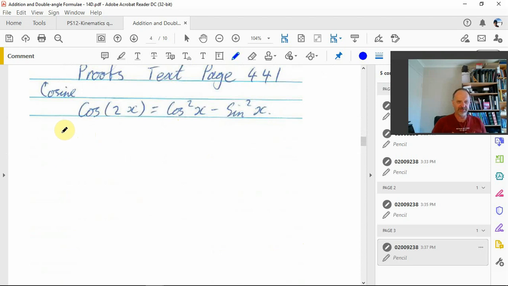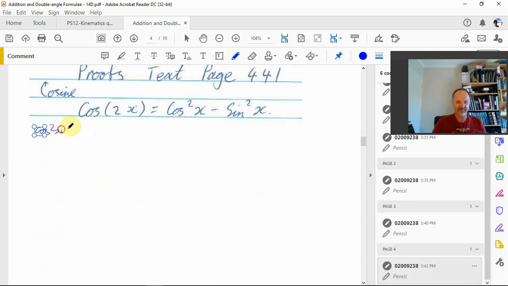From our Pythagorean identity, which is cos squared plus sine squared equals 1, we can rearrange that and get 2 different things. One of them is if we take cos from both sides, you get that sine squared x, I forgot my x, is equal to 1 minus cos squared x.